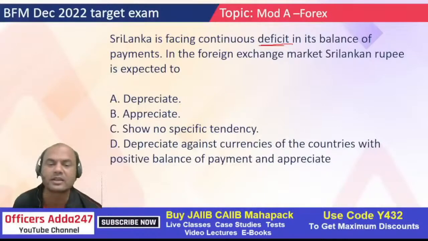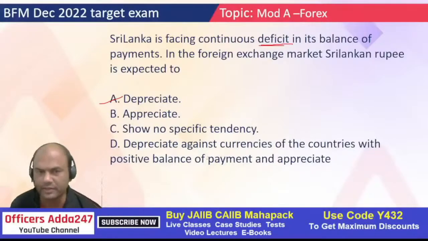All these big answers are of no use. The correct answer is either A or B. Give me the fast answer. It will definitely be A. Depreciation against currencies of countries with positive balance of payment has nothing to do with that. Japan always has a positive balance of payment, but then also the currency is lower.